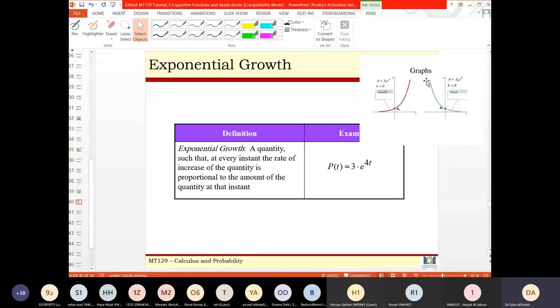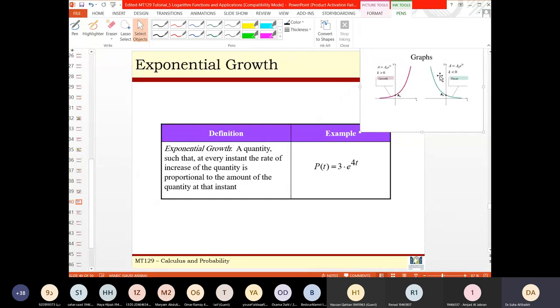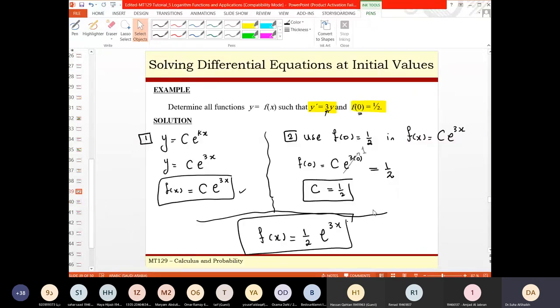So now exponential growth and exponential decay are a very important application of exponential functions. What does growth mean? What does it mean when I say there is growth? For example, let's think about it here. Say for example they told me that f at 2 is equal to 1.